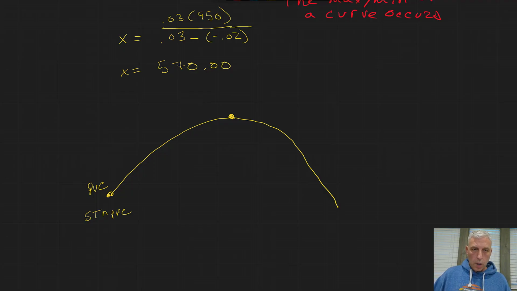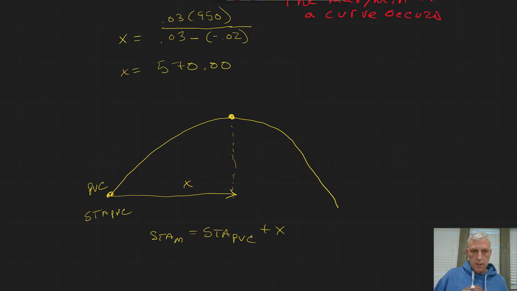Well, remember, our x value is this horizontal distance here. So if we wanted to know the station at which this occurred, station of the max, we'll call it m, station sub m, equals the station of the PVC, just plus that x value, and that gives us our station here.